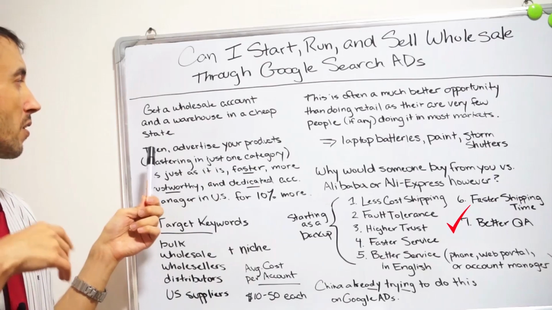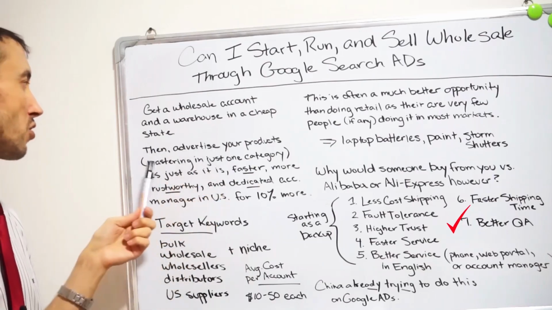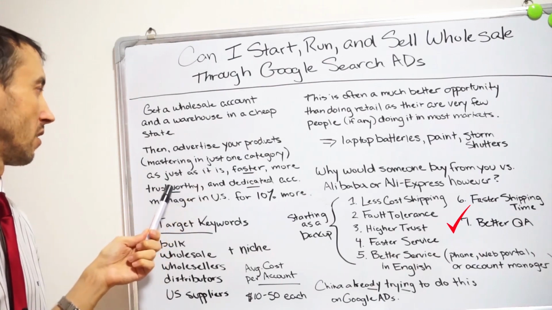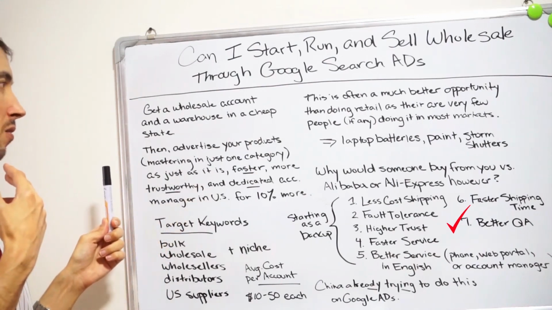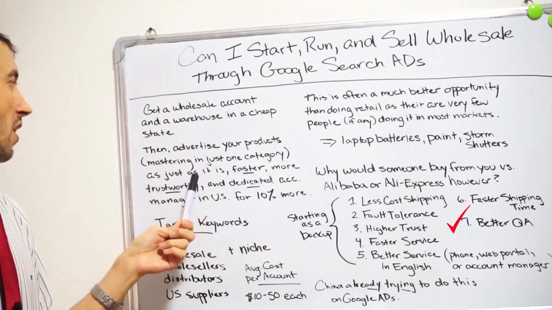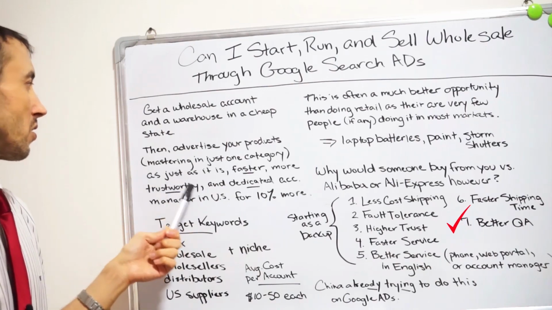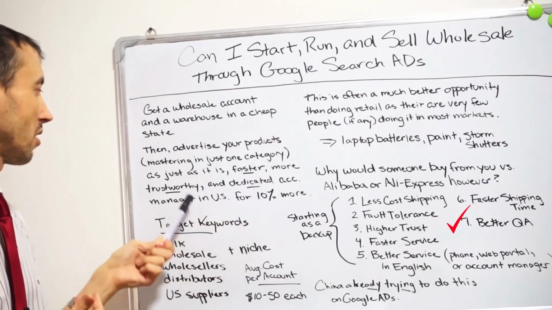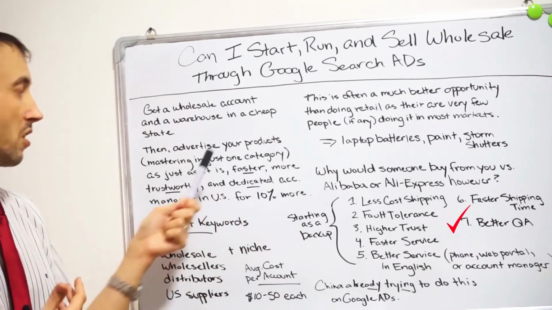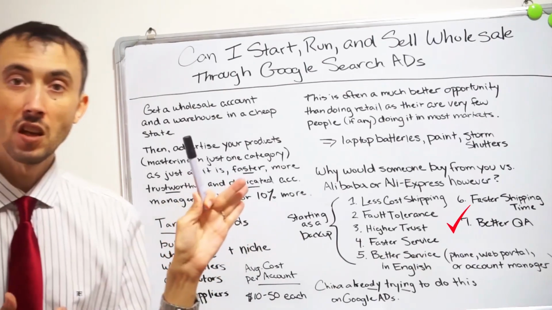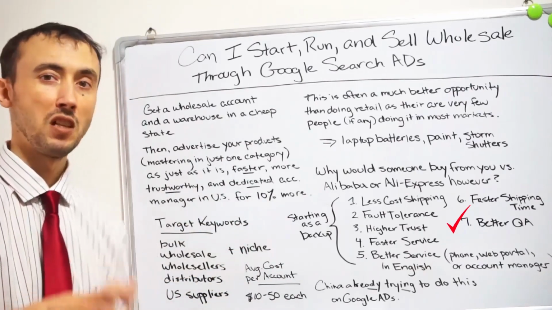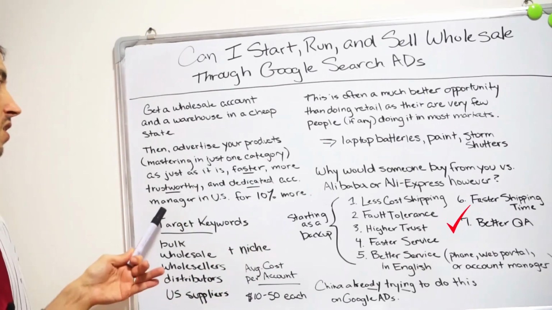Once you have a product to sell, you advertise your products, which you're mastering in one category, like storm shutters, whatever. And advertise what you have, like we talked about: faster, more trustworthy, a dedicated, knowledgeable engineer on staff or account manager who can answer questions about what you need to order in real time.